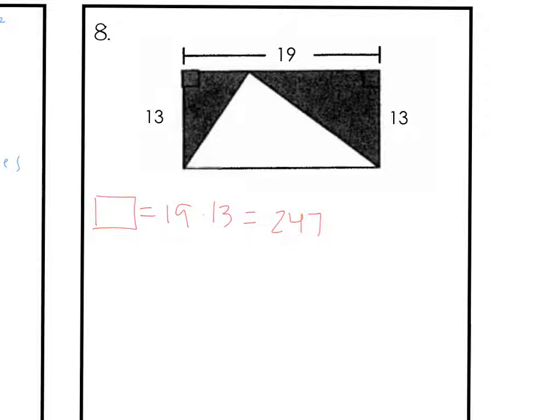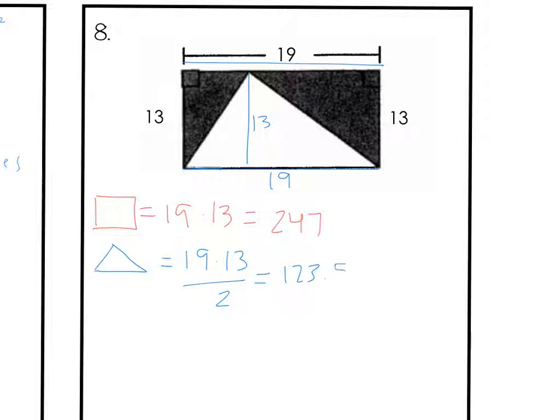Then to figure out the area of this triangle, that is base times height divided by 2, and I do know here the height is 13, and then this base is the same base as this distance up here, so that's 19. So I'll have 19 times 13 divided by 2, which is 123.5.